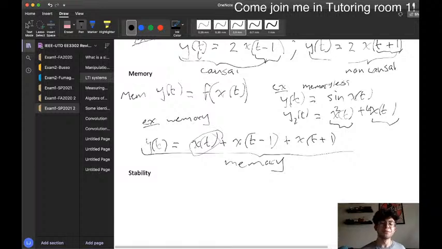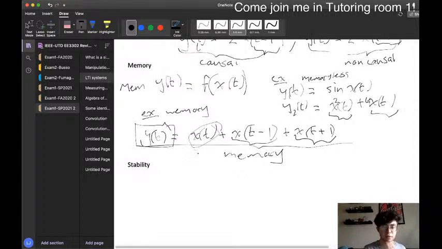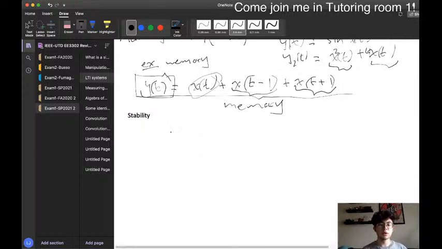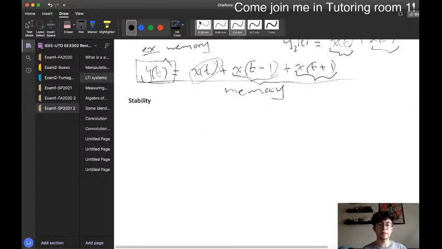Essentially, if we were operating in real time, the system would have to store these values in order to calculate this one, if we want something other than the current one. So those are two examples that illustrate memory.